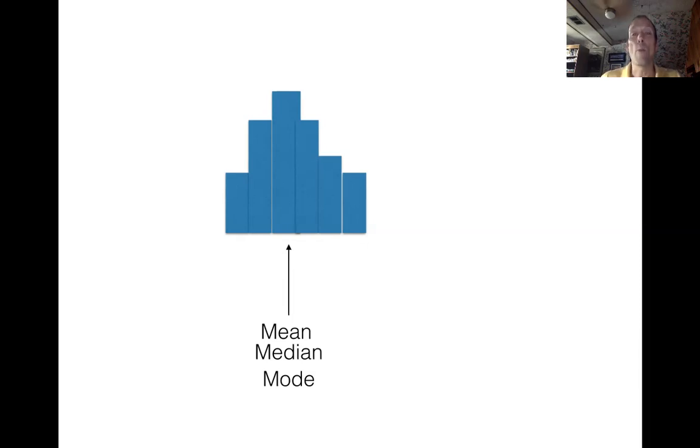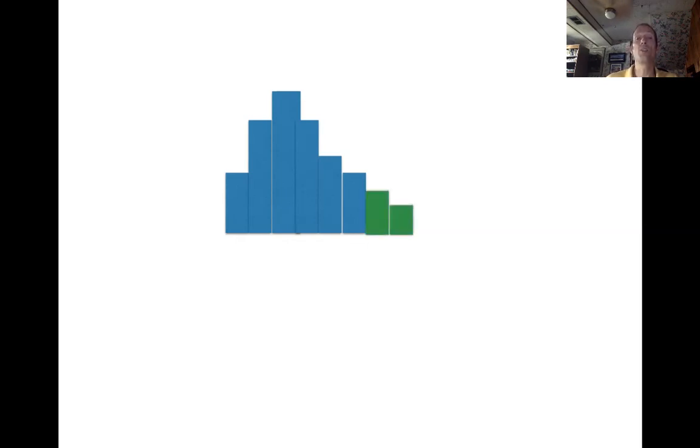So let's look at one other scenario. If we have a data set that looks similar to what we looked at before, but this time it's got some extra blocks on the right side, meaning it looks like it has skew. If we consider the different histogram shapes that we learned about in chapter 2, this histogram would be right skewed.